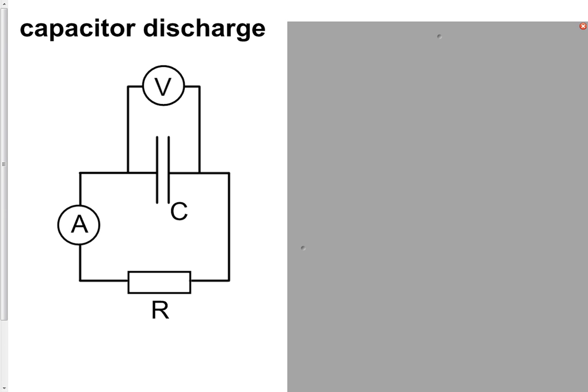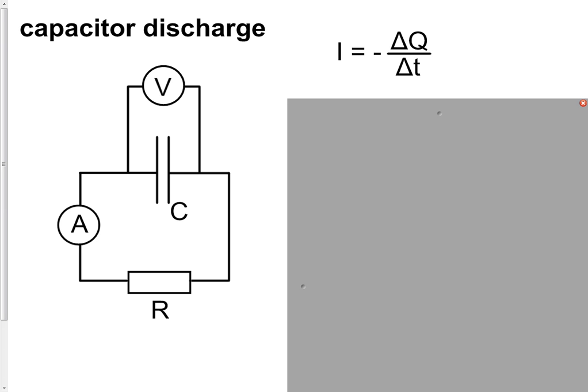There's lots of places we can start, but for this one we're going to start with current. Now, if we've got a load of charge built up on the plates of this capacitor, then when a complete circuit is made with this resistor, current is going to flow in the circuit.